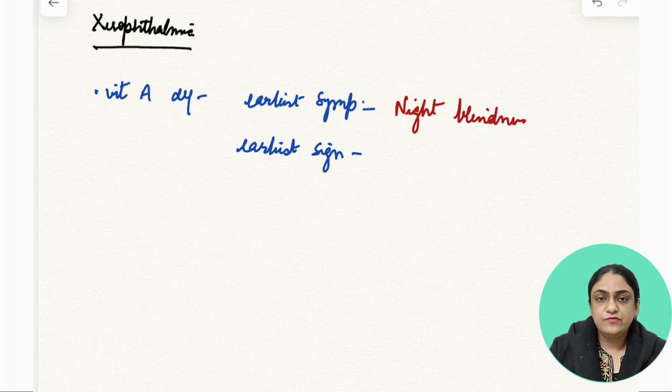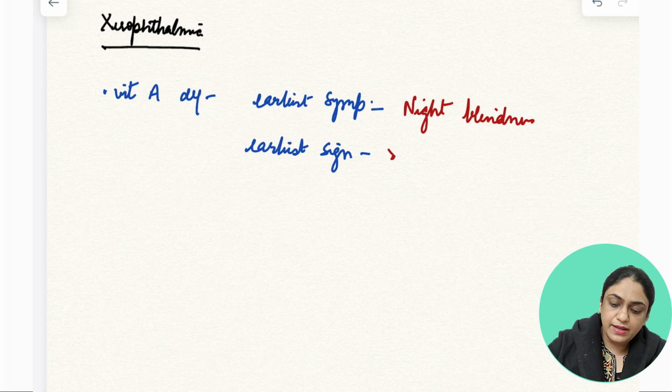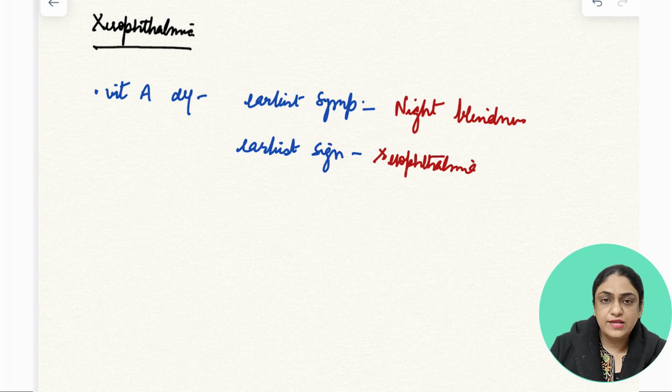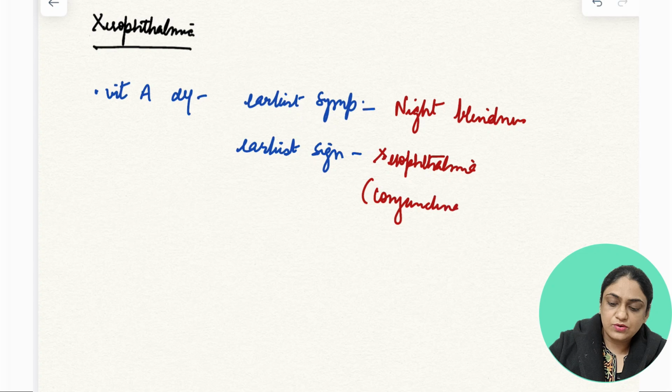These two are separate questions. The earliest symptom of vitamin A deficiency is night blindness. Please remember, the earliest symptom of vitamin A deficiency is night blindness, whereas the earliest sign is xerophthalmia, or if you want to specify, it is conjunctival xerosis.